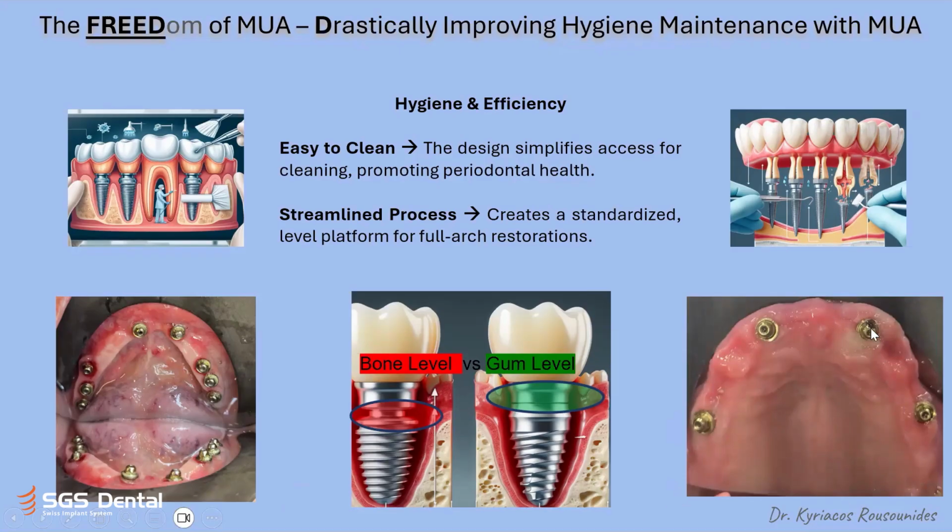We see here an angulated implant, here a straight one, and how they can easily be cleaned. You can see as a surgeon and general dentist and control everything around the gums, around the implants, and you can easily access any problem and correct it before it happens.